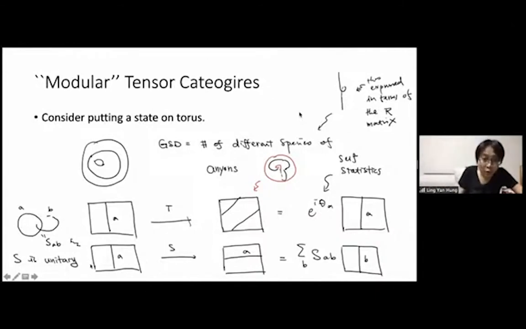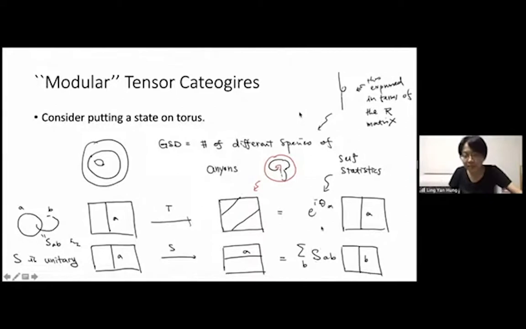Then another important quantity is that I can rotate the torus by 90 degrees, flip it from this direction, and so the anyon line would be flipped to the other cycle, and you can decompose this anyon wrapping the other cycle. They're not independent in terms of the anyons wrapping the original cycle.